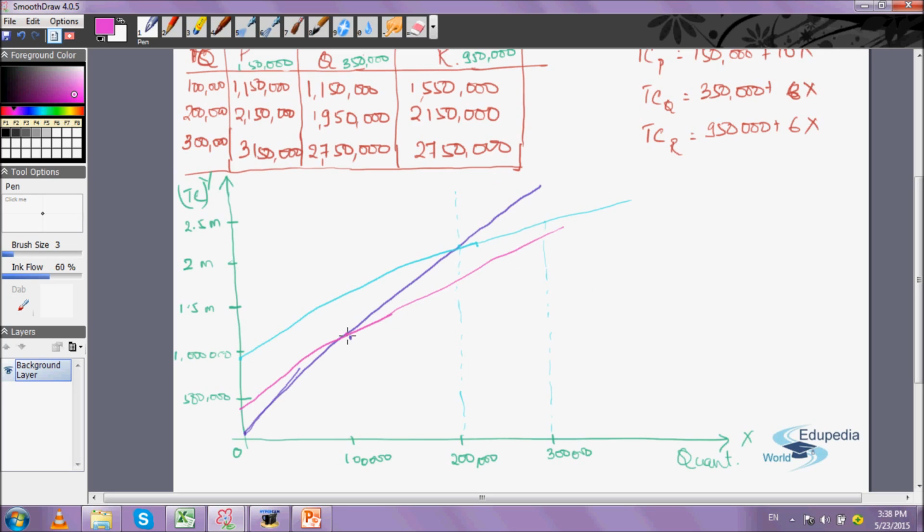So this line Q will go something like this.